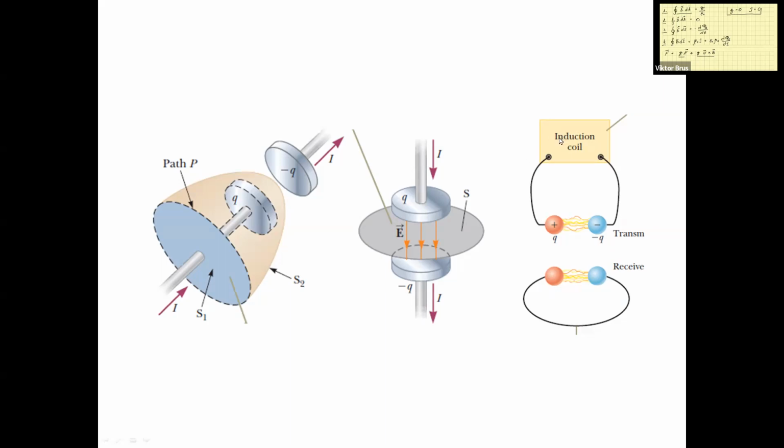So the oscillating current in such a circuit creates an electromagnetic field. Why? Because we have a combination here of time-varying conductivity current and also time-varying electric field, which is concentrated between the plates of the capacitor.